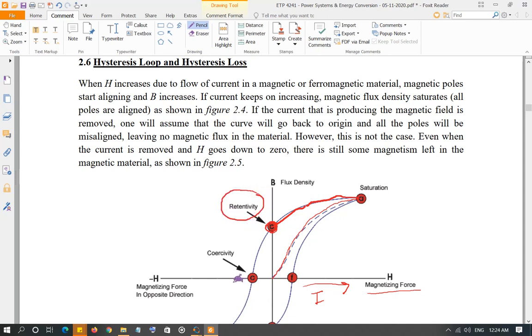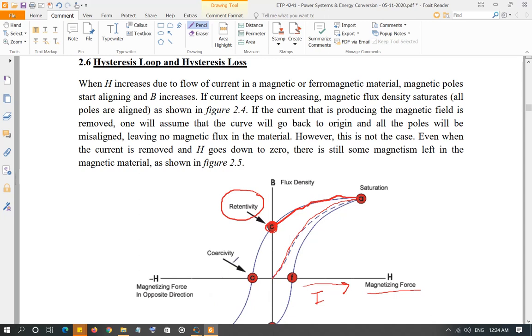That is, it has some retention, some memory that will linger even though you remove the magnetizing force. It will not lose all of its magnetism. And this comes in very handy when we discuss shunt generators. This is the phenomenon that we use in shunt generators, as we're going to discuss in chapter 4 or chapter 3, whichever.